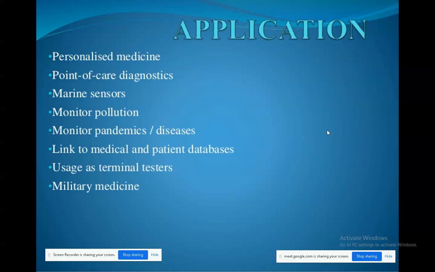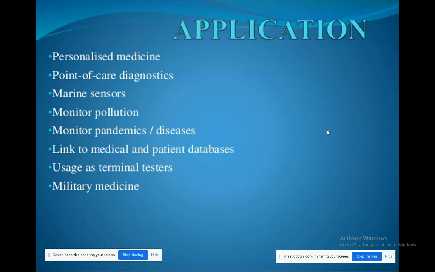Now the applications: personalized medicine, point of care, diagnostics. This chip will be easy for the patient to carry, so a doctor can easily diagnose and decide the treatment for the disease.